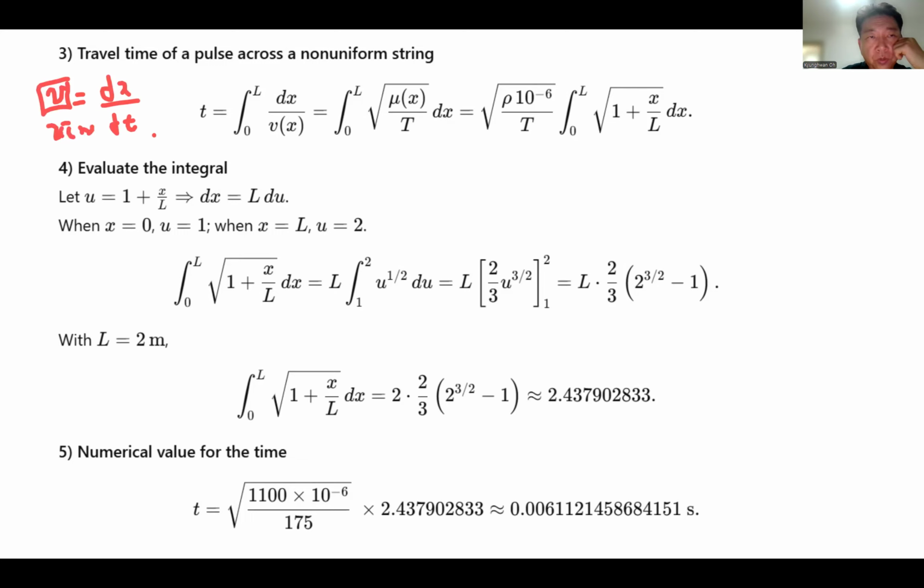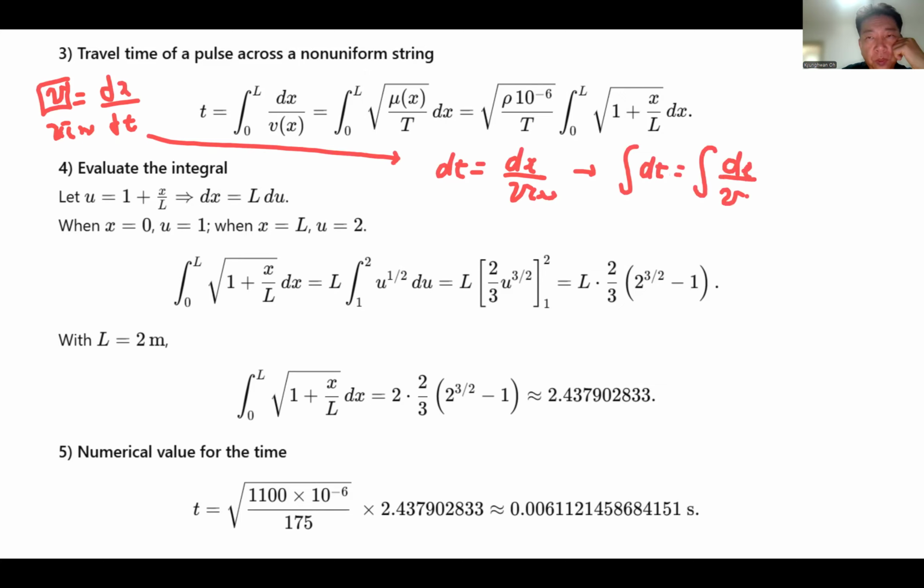So in this case, we arrange this: dt is given by dx over v(x). And then if you just integrate, this becomes t, with integral from 0 to L of dx over v(x). And this is nothing but this form.